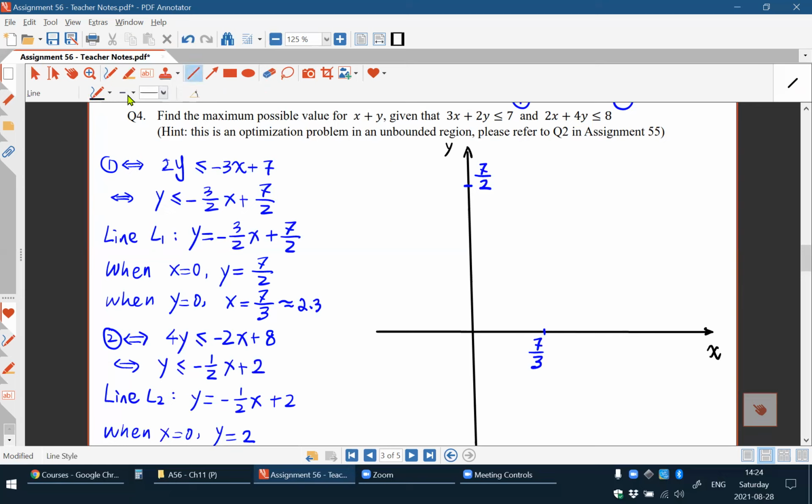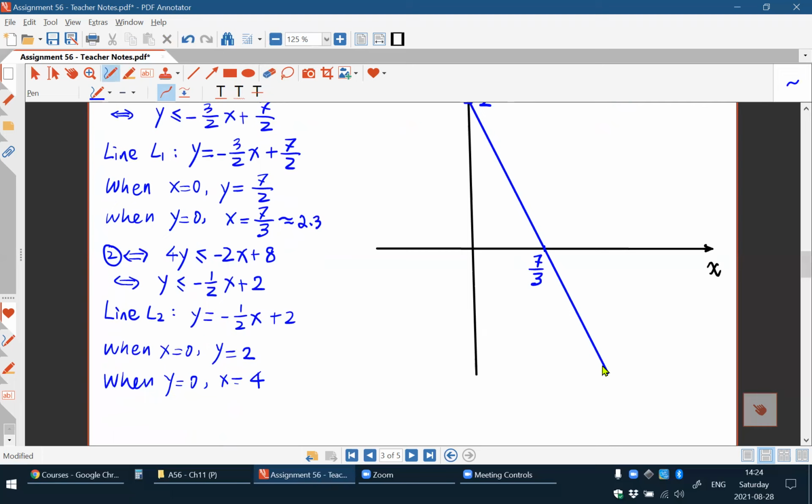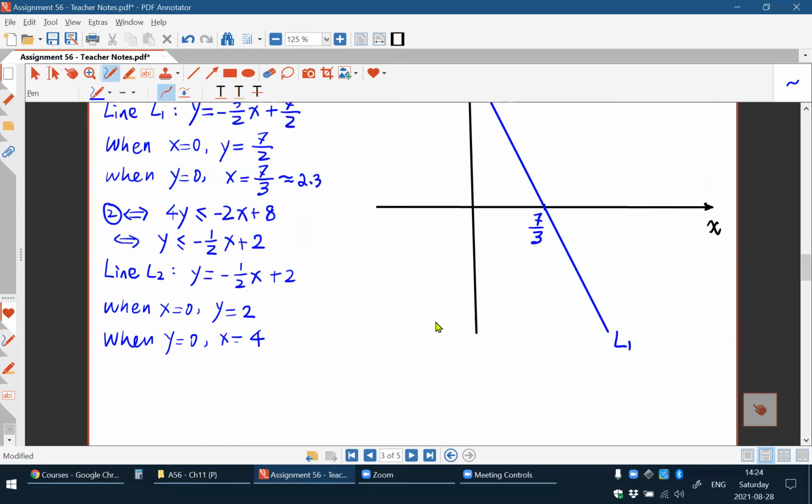Our first line should look like this. This is our L1. According to the inequality, y should be less than or equal to, so the region should be under this line.